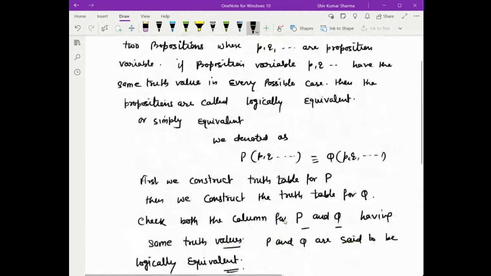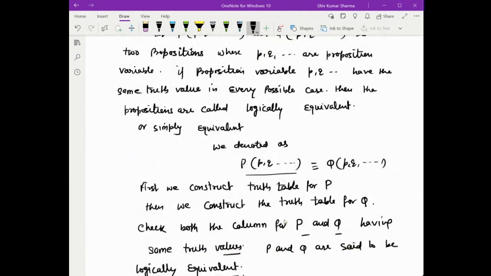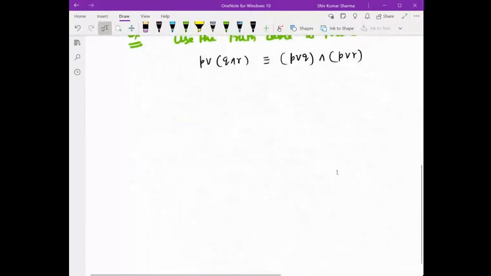So this compound complete statement we denote as capital P, and this compound complete statement is denoted as capital Q. And small p, q, r are the variables.